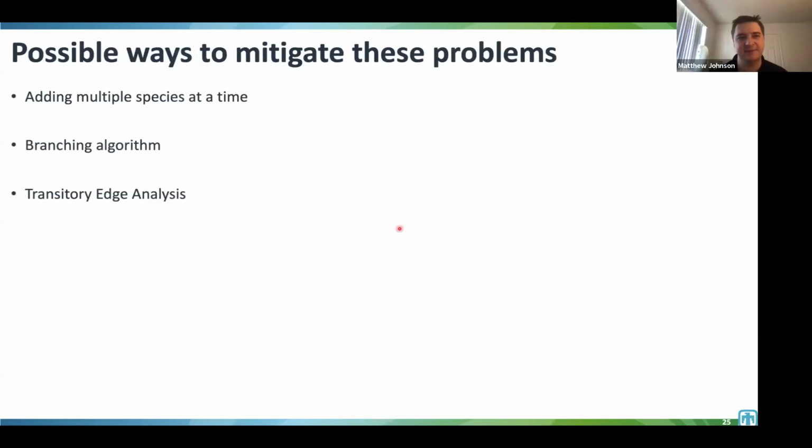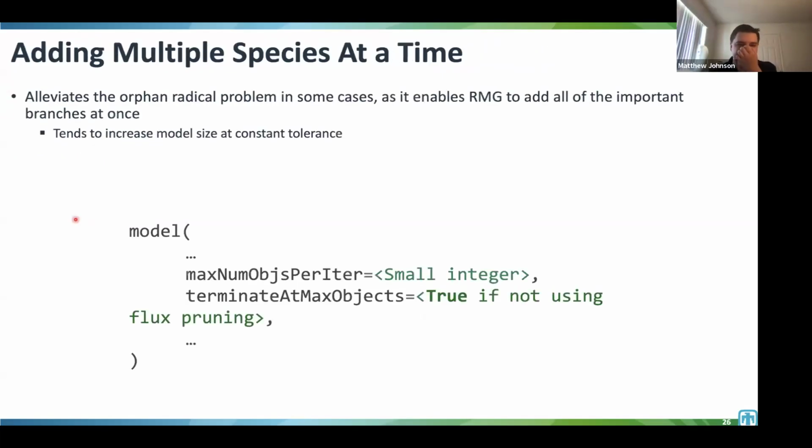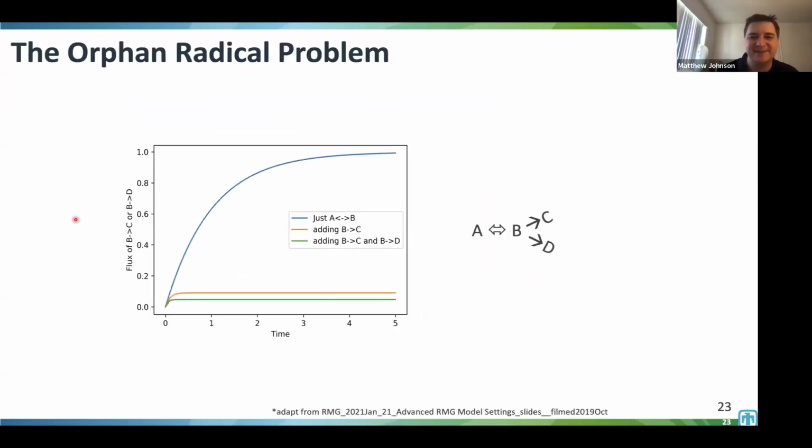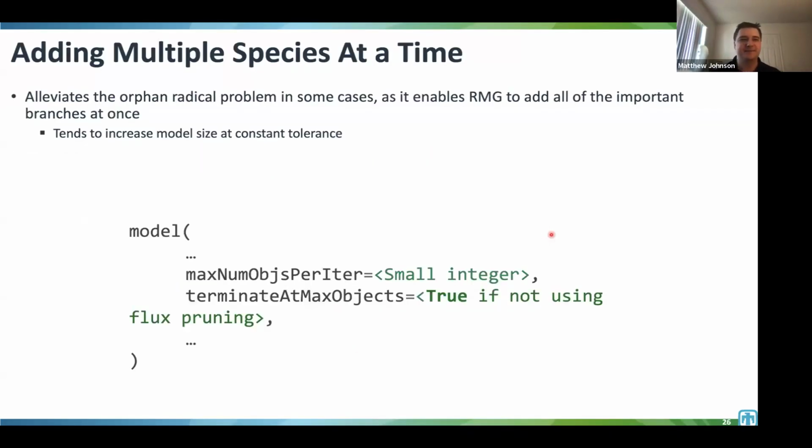So I'm going to talk about 3 different ways to work towards mitigating these problems, starting with the simplest and getting more complex. The first is you could simply add multiple species at a time. This comes from asking, okay, why don't we just add C and D at the same time?